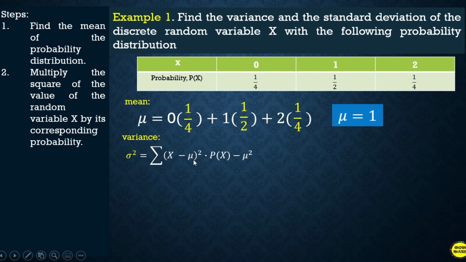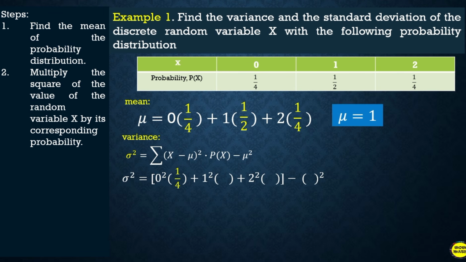And then isa-subtract natin yan. So, ang gagawin muna natin, multiply muna natin yung squared ng random variable sa corresponding probability. So, lalagyan lang natin ng squared yung mga to. So, 0 squared times 1/4 plus 1 squared times 1/2 plus 2 squared times 1/4.